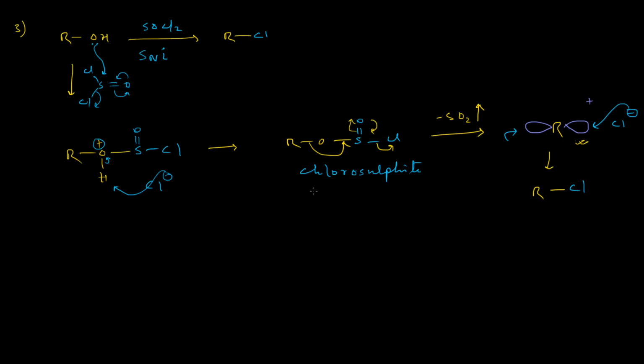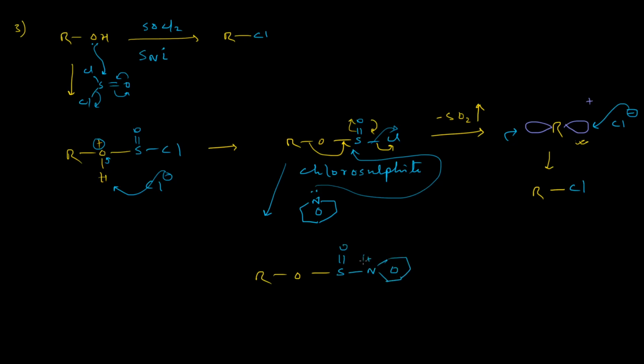So if pyridine is added, then you will get the inversion, and in that situation what will happen, this chlorosulfide will undergo the reaction with pyridine, and it will eventually attack the sulfur center, thereby eliminating the Cl minus from the system, and you will get this as the intermediate.